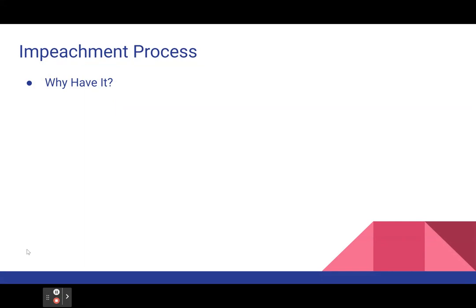So Ben Franklin says that there has to be something in place, a process in the Constitution that allows for the removal of officials from the executive branch out of office. Because if not, and this is a direct quote, "we surely will have assassination."